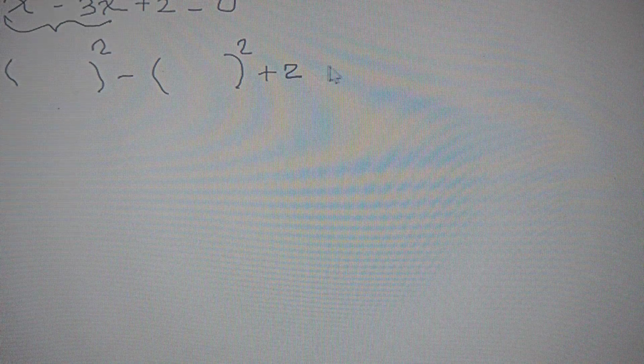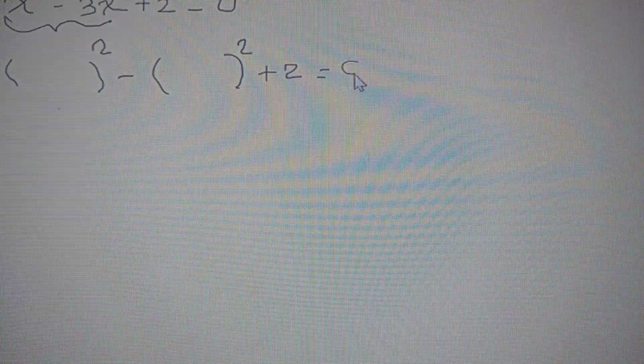So to complete the square, I do it in a different way. I just simply concentrate on the term with variables, and I write parentheses squared minus parentheses squared. Always, no matter what. Just for the variables. Plus 2, I haven't included that 2, is equal to 0.